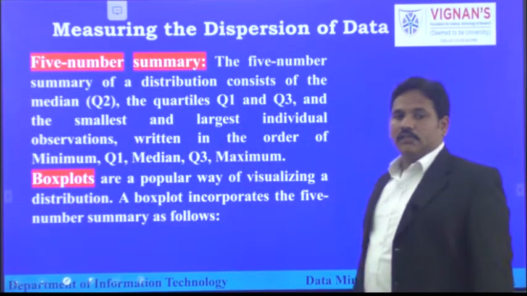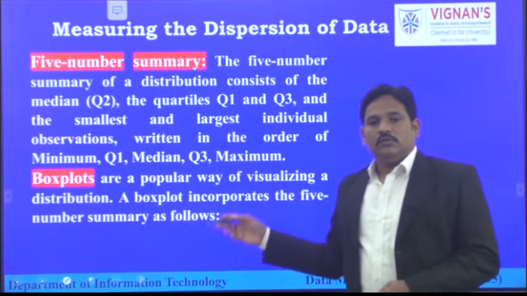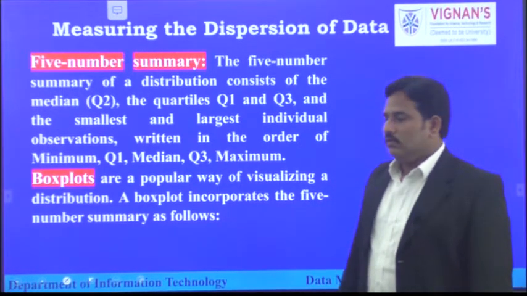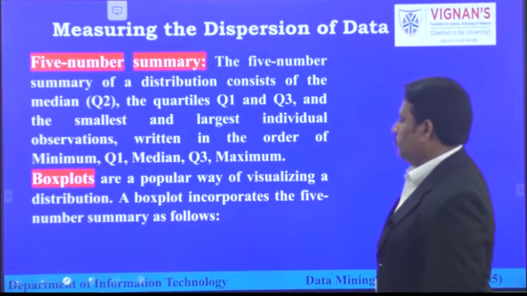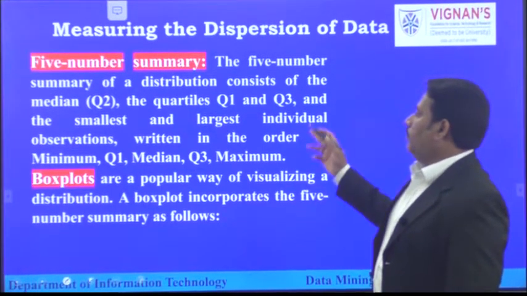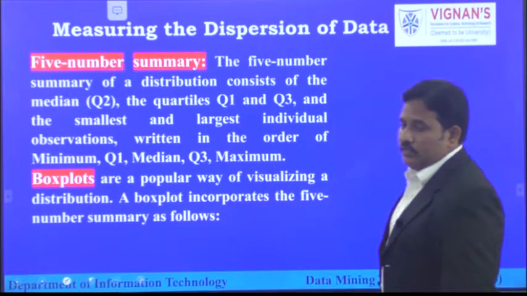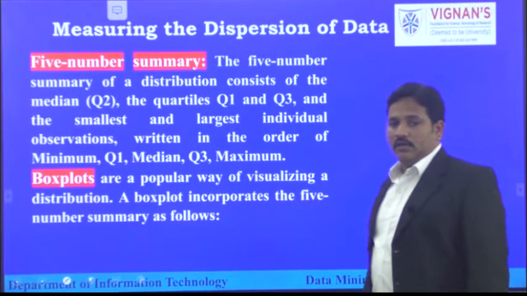Using these quartiles or percentiles and IQR, we can obtain the 5-number summary, which is sometimes also called a box plot. The 5-number summary is a description of the data distribution used to measure dispersion of the data.